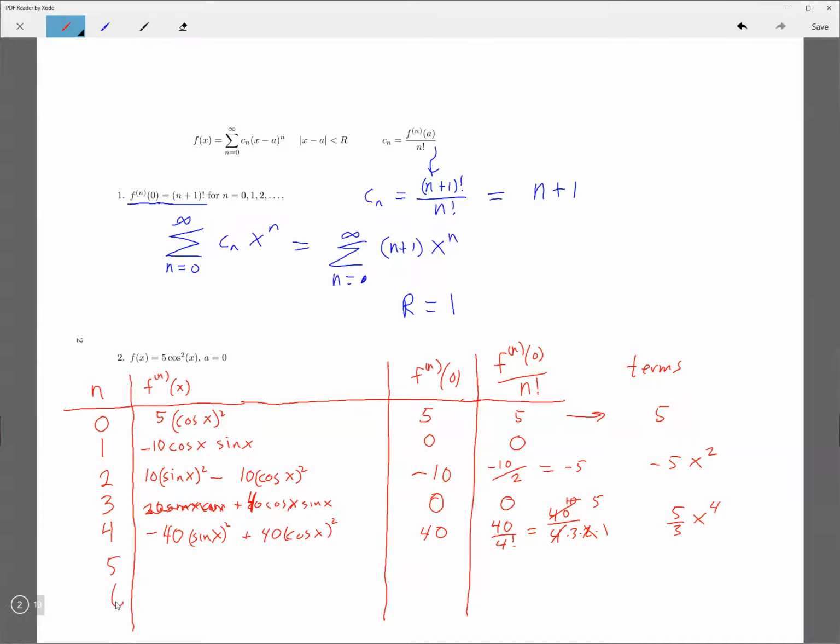Okay, and looks like we'll need 2 more terms because this next one's going to be 0, but we have to calculate it anyway. So you take the derivative of this, and you're going to get negative 160 cosine sine, you mean? Oh, yeah, that one.